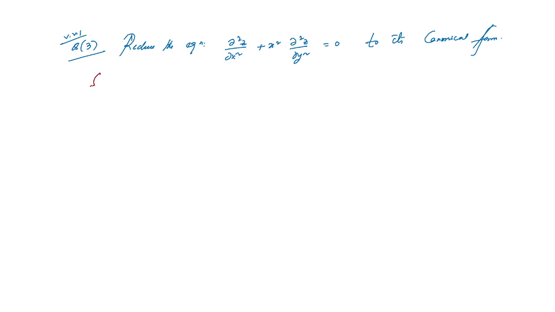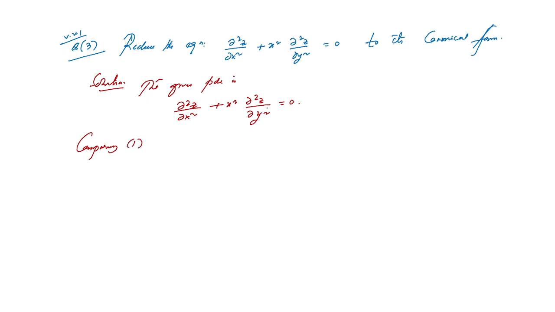So now first we will check whether your equation is of elliptic type or not. The given PDE is del squared z by del x squared plus x squared del squared z by del y squared equals 0. Now we compare equation 1 with Rr plus Ss plus Tt plus f(x, y, z, p, q) equals 0.